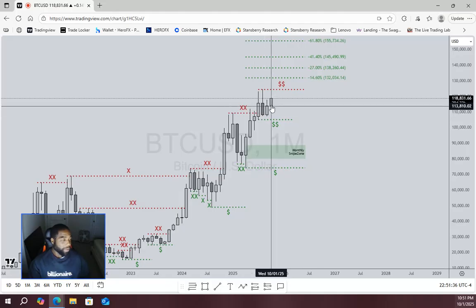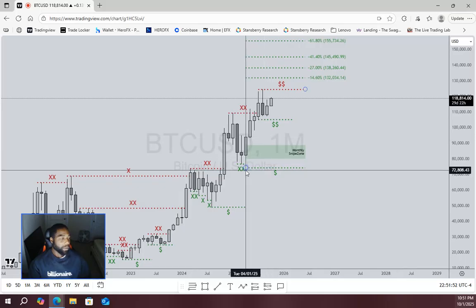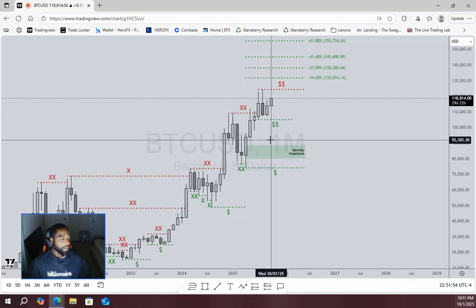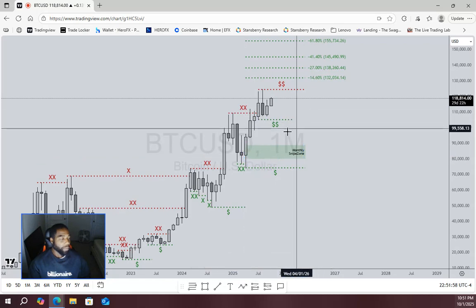You can identify this as a tweezer top, but to do that, you would scale in to see what the lower time frame is doing and telling us that price is going to do based on this price action. So swing to swing, we got the monthly snipe zone for this move.